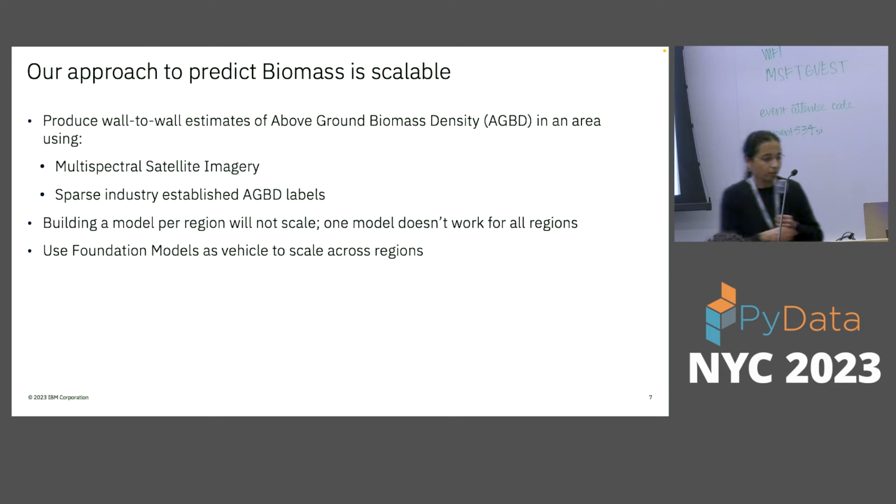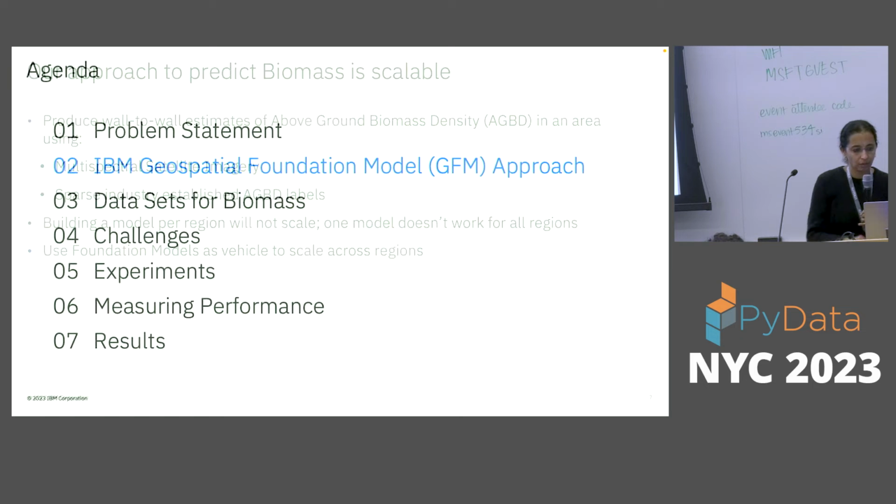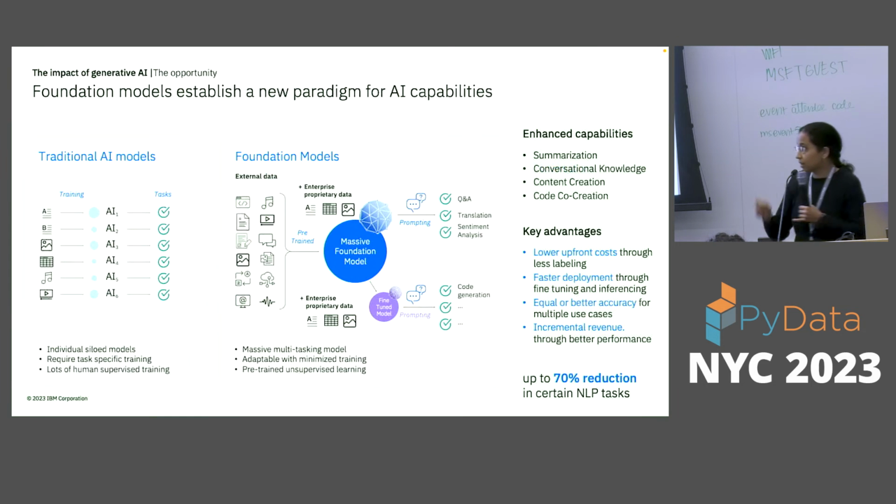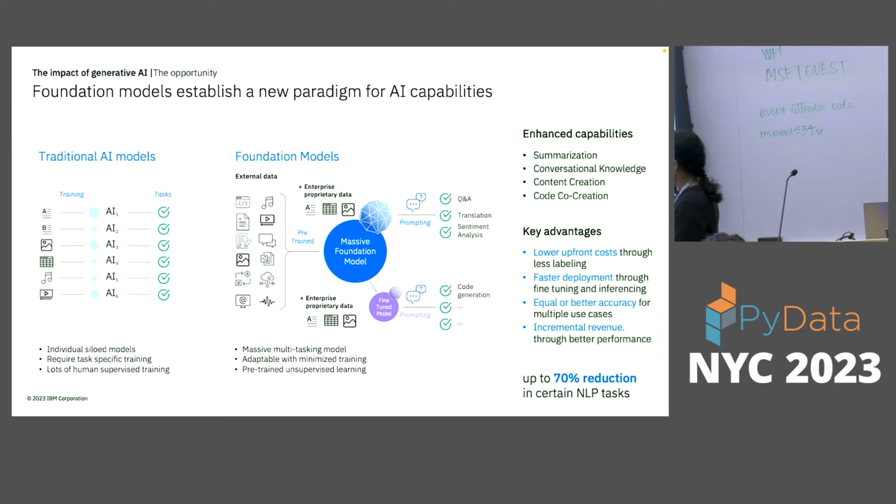Okay, so very quickly, I think everybody knows the pitch for traditional models. You have labeled data, you have AI models for each task. Foundation models is where you have different kinds of input data, and I think everybody understands this very well, to a good extent, for text, images, videos, etc. You build a pre-trained, self-supervised model, and then using that you can build a whole bunch of downstream tasks.